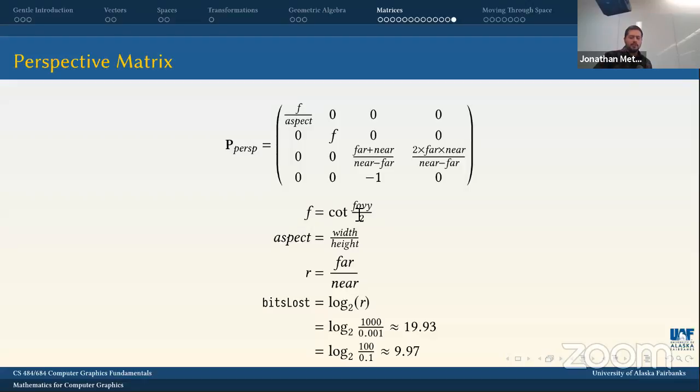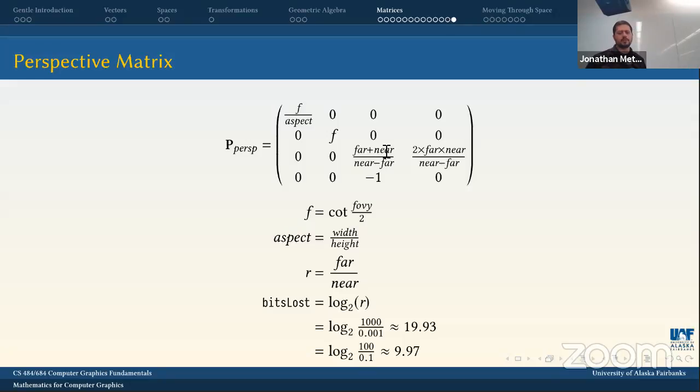We take the cotangent of the field of view Y divided by 2, and we use that to calculate F. Then we have the aspect ratio, maybe like one of those classic widescreen films, 2.35 to 1, where you have a really wide angle of view for a movie film. So you need your aspect ratio, and you can see how we scale X and Y, and then Z looks different.